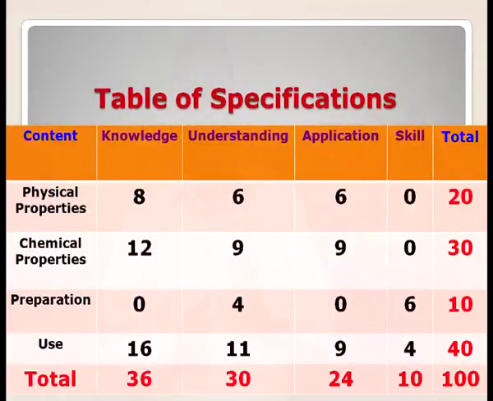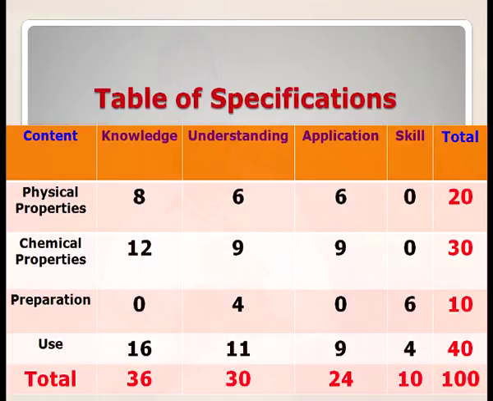The first one is this. You can see on the screen that row-wise we have the content matter. Suppose you are teaching a topic like the properties of oxygen or properties of water. Then you divide that content matter into smaller concepts. We have already said that a unit test is a small test based on a smaller number of concepts.